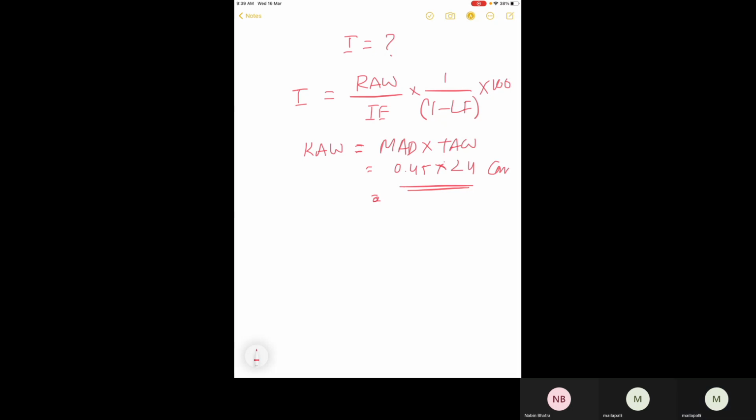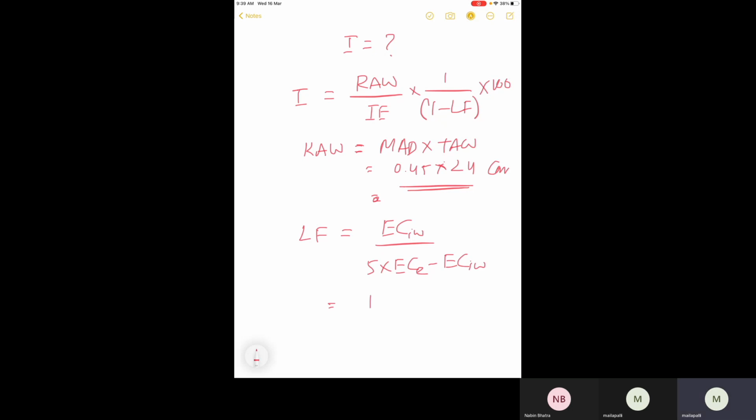Right. And then you have to find out what LF is. LF is equal to ECiw divided by 5 times ECe minus ECiw. So this equation is already given.